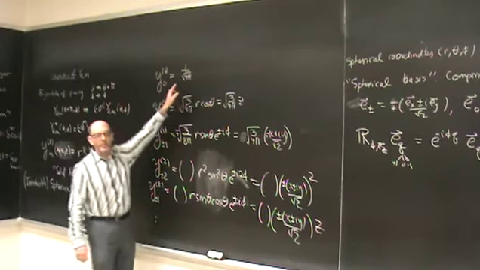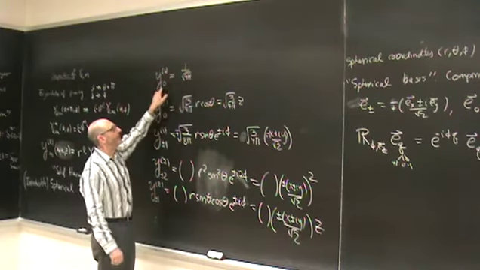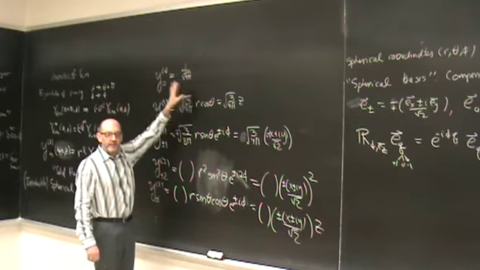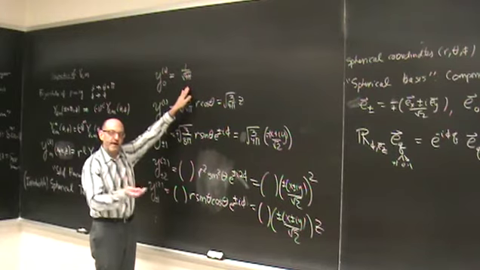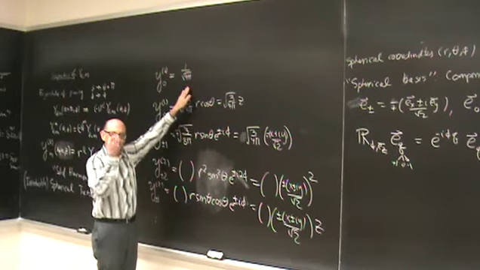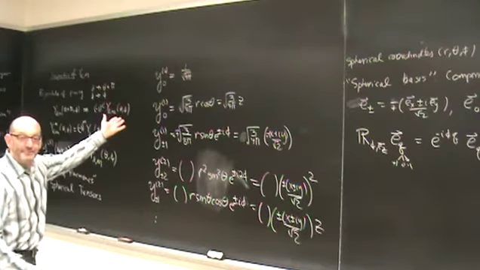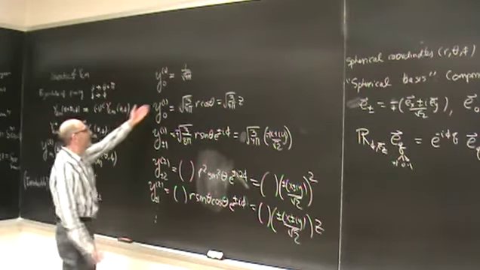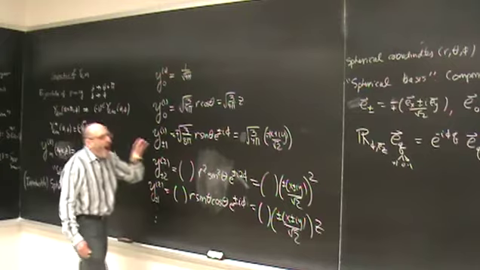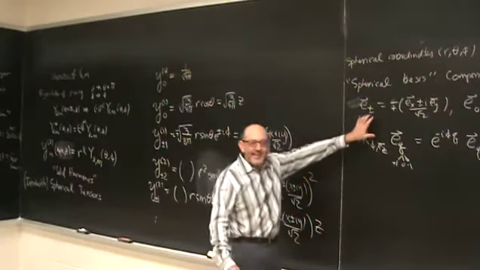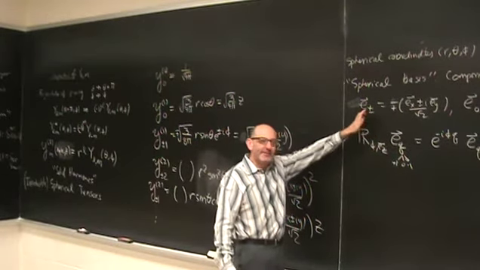And the 1 over 4 pi is just so that when you square it and integrate over the sphere, and there are 4 pi steradians, then you get 1.